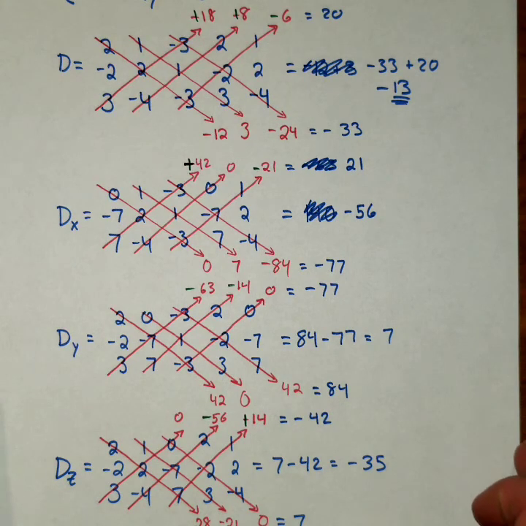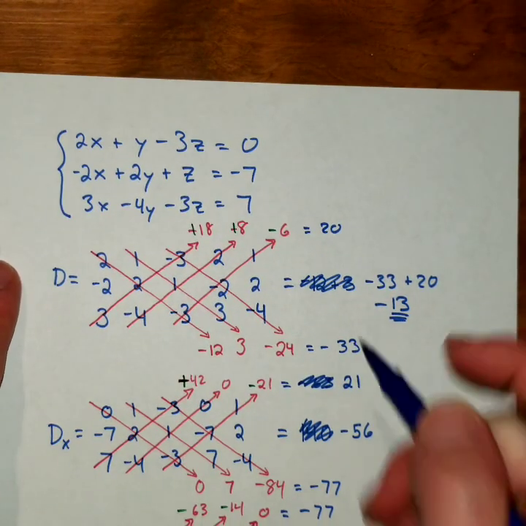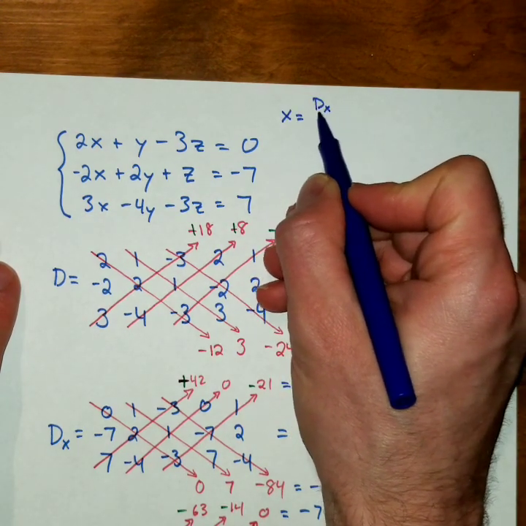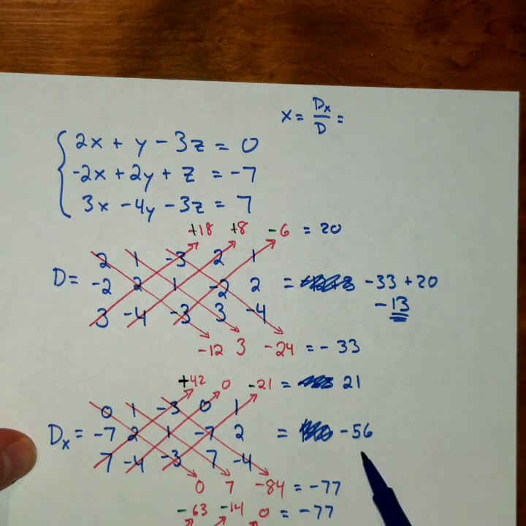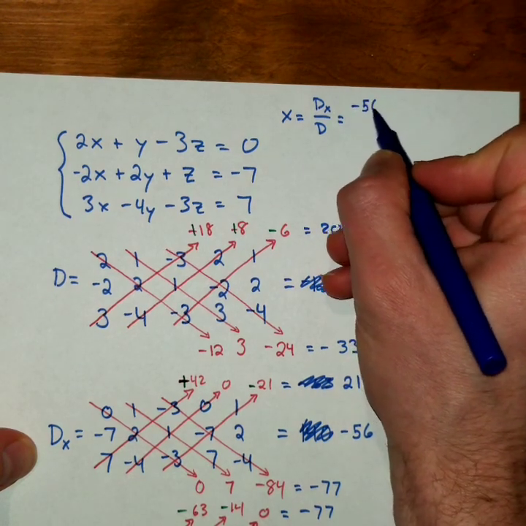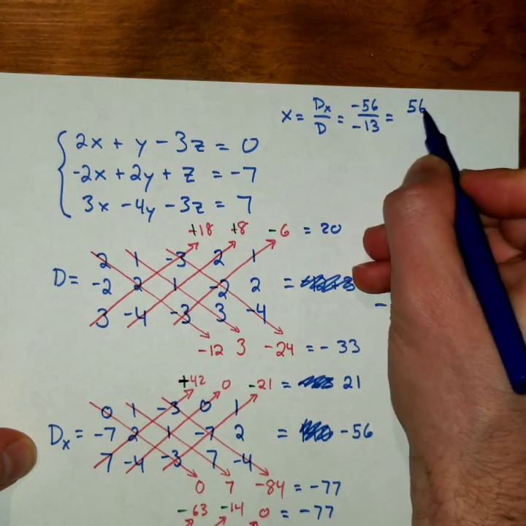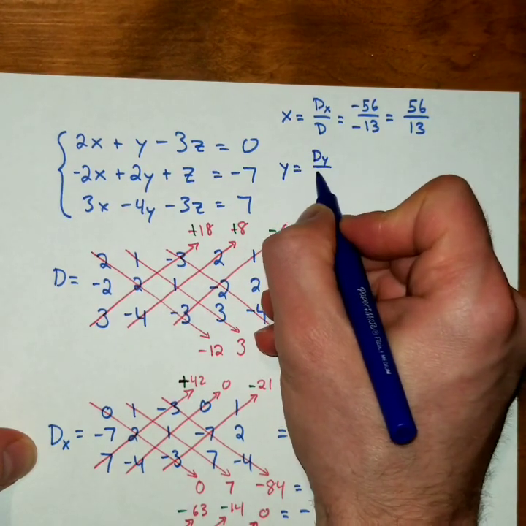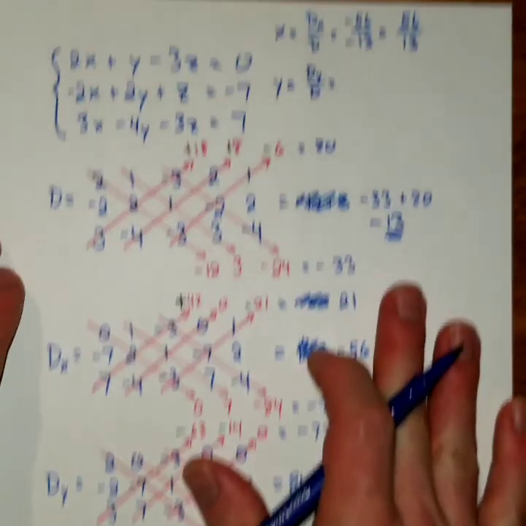Now I'm going to go through and calculate my final answers. This should be relatively quick. I'm going to do this right up at the very top here. So the x value should equal d sub x over d. We just found d sub x to be negative 56. D is negative 13. When I divide those, I just get 56 over 13. The y value is d sub y over d. D sub y we found to be 7.